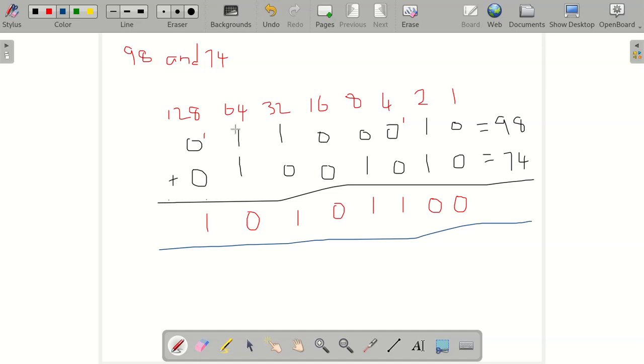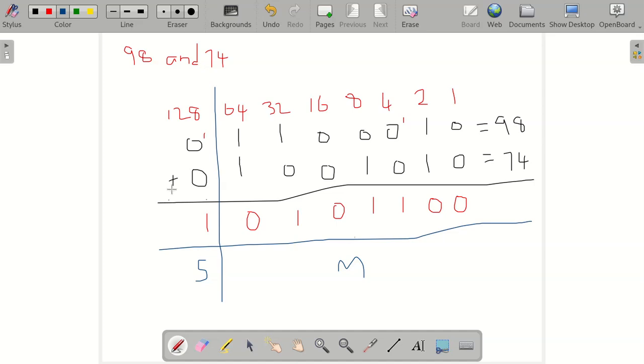So we need to put a demarcation for that bigger number, such as 98. We started here, so we'll put a demarcation just there, like that. So we'll say this is the sign and this is the magnitude. Let me explain. The sign determines whether it's positive or negative. Then the magnitude is the actual value of that binary.